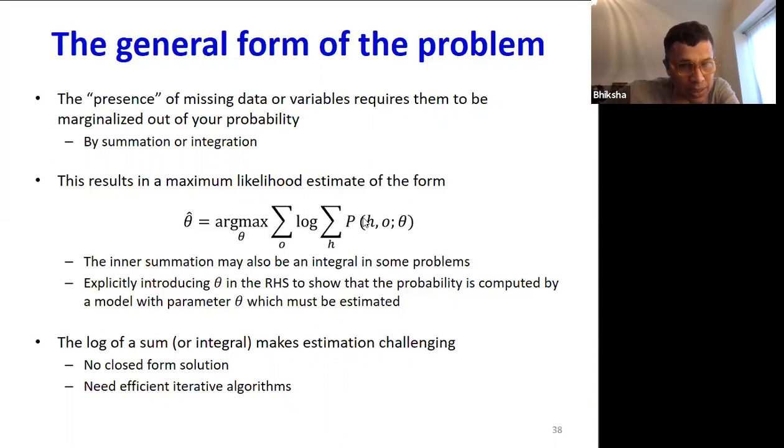If I've got these missing variables h, and what you've observed is O, then in order to compute the probability of O, you have to marginalize out h by summing or integrating over all h. And so the log probability of an observation is the log of the sum or integral. And this term is what you have to maximize in order to come up with a maximum likelihood estimate of the parameters of the distribution. And having a log of a sum or an integral makes this estimation challenging, to say the least. And you will not find closed form solutions.